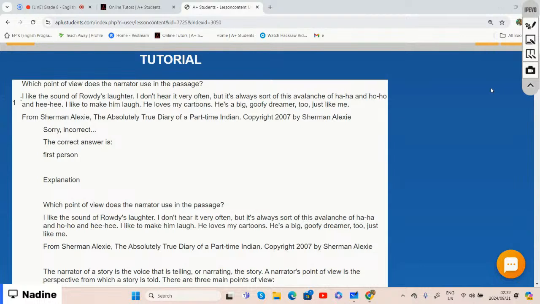Specifically look at the pronouns. And then we can say, is this in the first person point of view, second person point of view, or third person point of view?